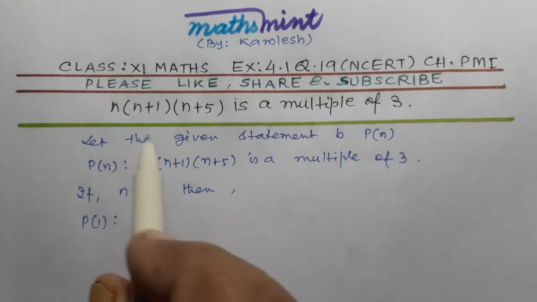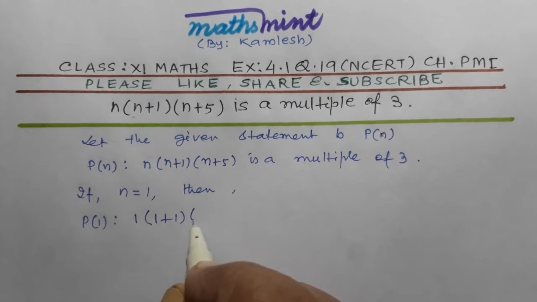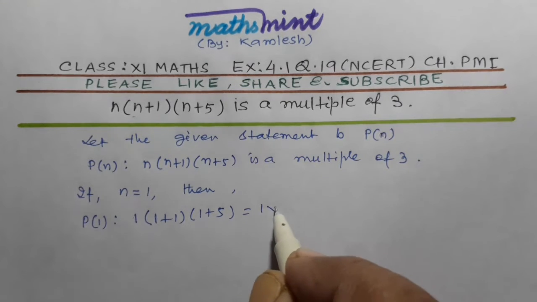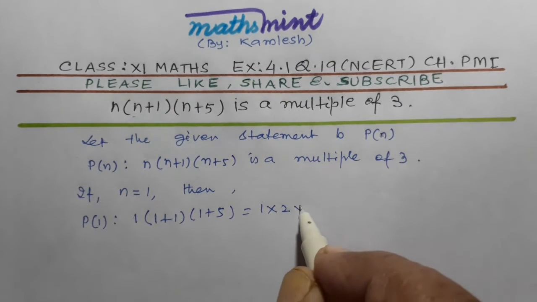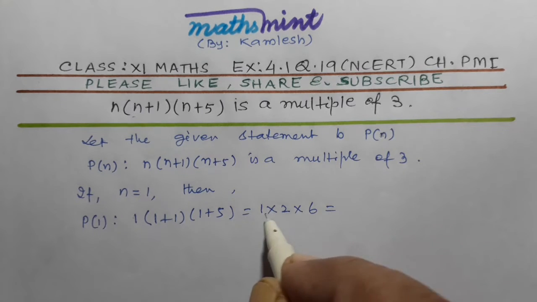Wherever n is there we shall give 1. So 1 into 1 plus 1 into 1 plus 5 will be 1 into 2 into 6, it will be 6 into 2, 12 into 1, 12.